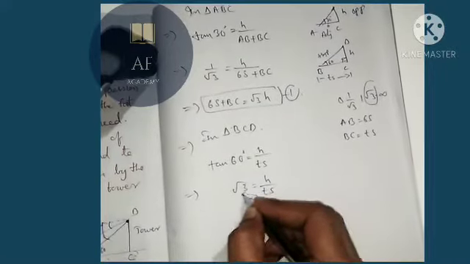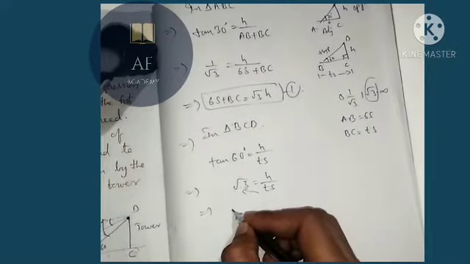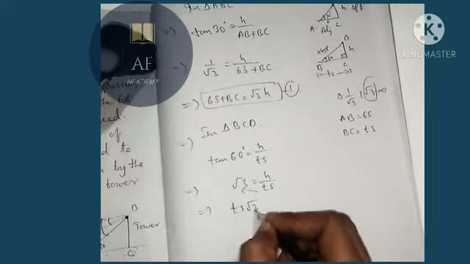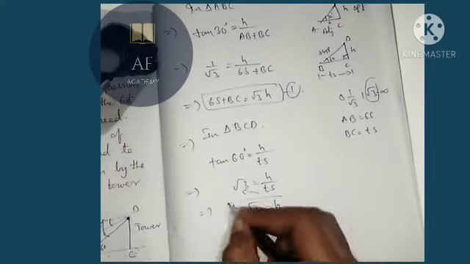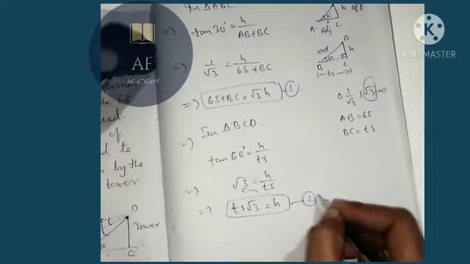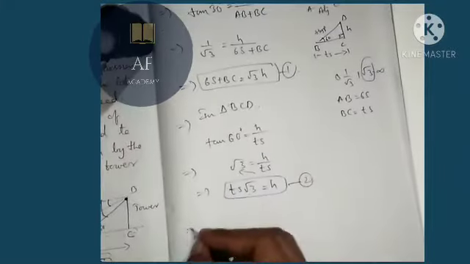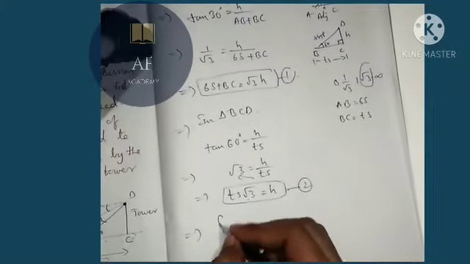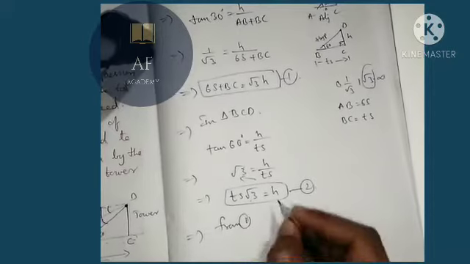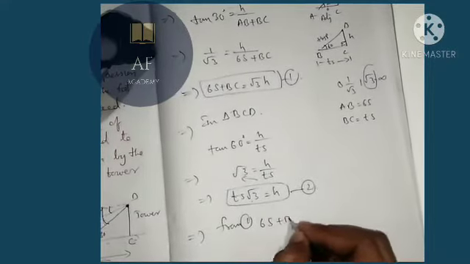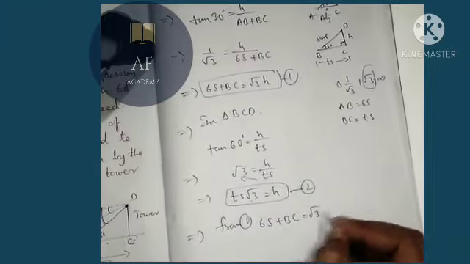This TS we will send to the other side, so the value of h will be TS√3, that is h equals TS√3. So we will substitute this h value in the first equation: 6S plus BC is equal to √3h.